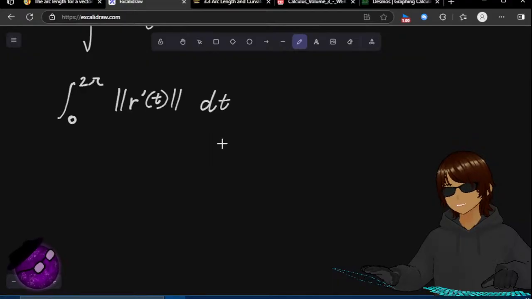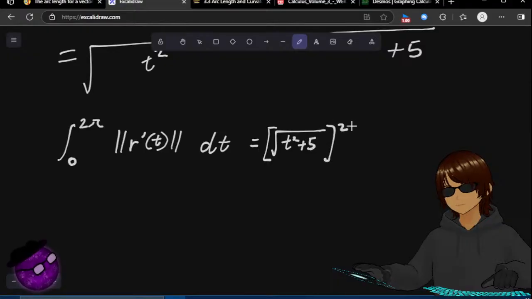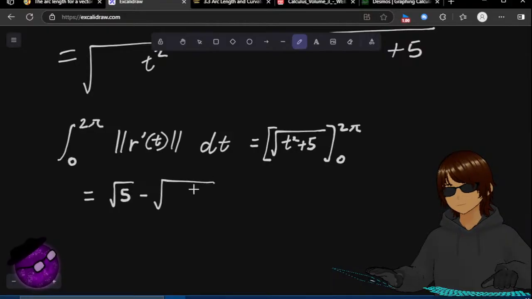With respect to t, so this first it will be 0, 4 pi squared plus 5.